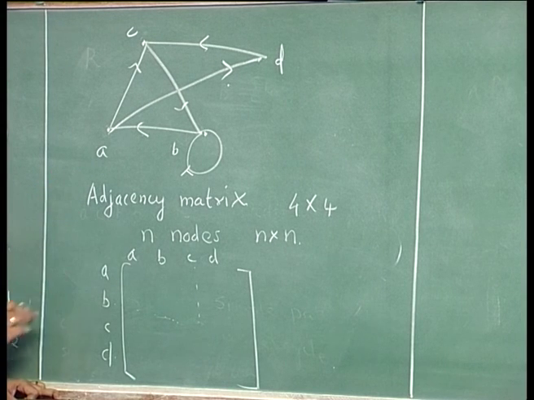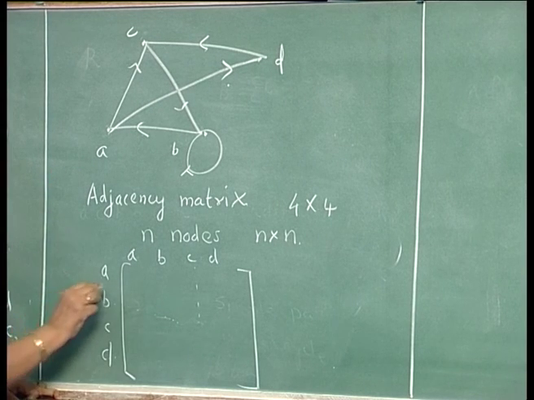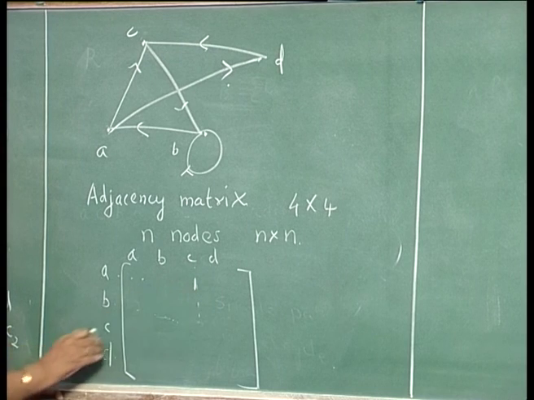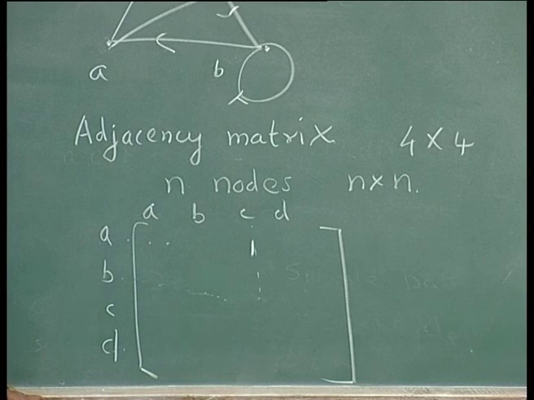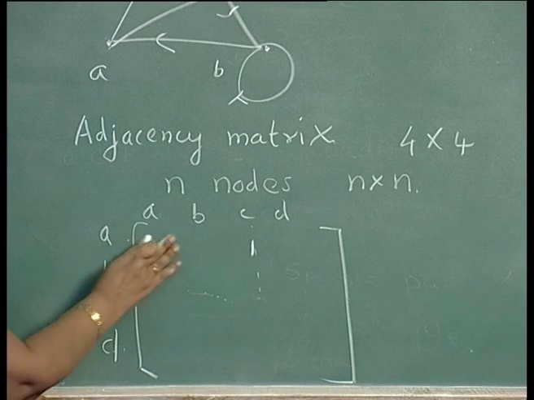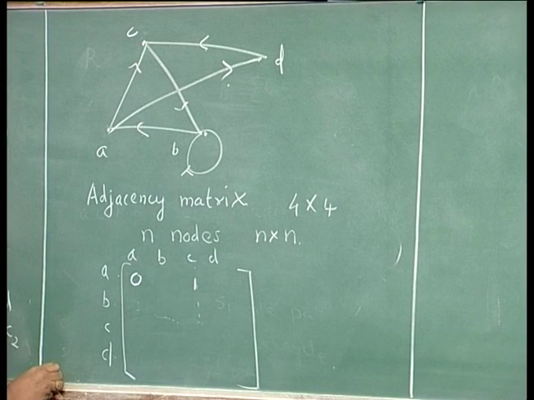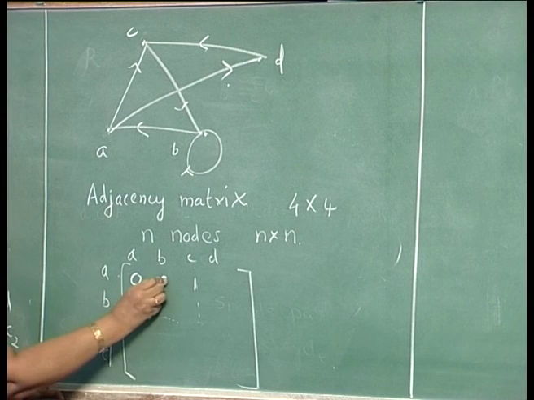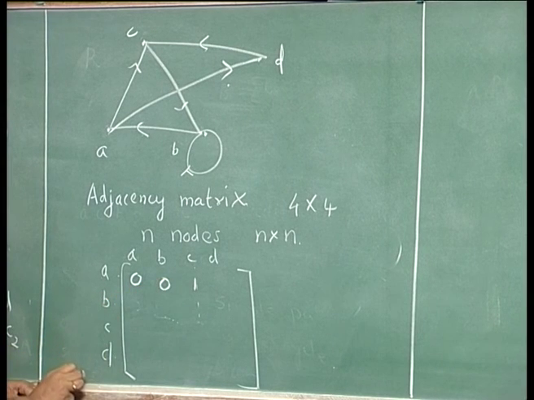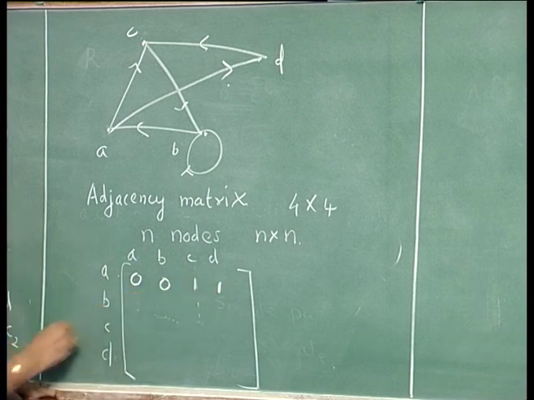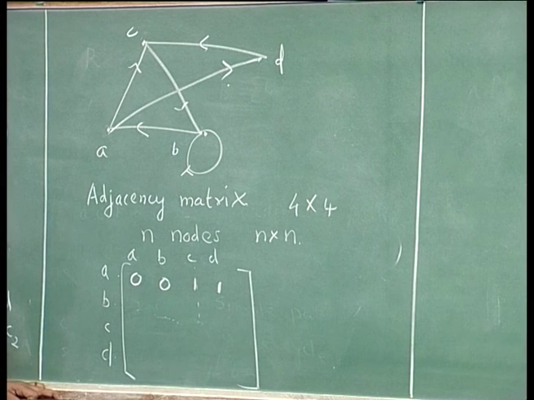Now, look at this: from A to C there is an edge, so this will be represented by a 1. From A to A there is no edge, so that is 0. From A to B there is no edge, so this is 0. From A to D there is an edge, so that is represented by a 1.